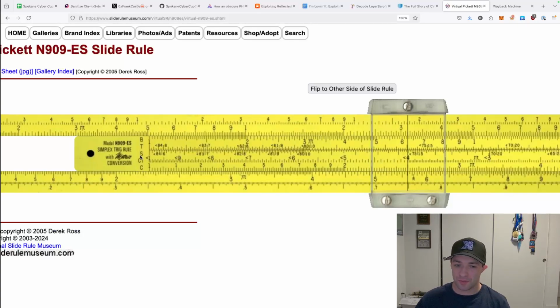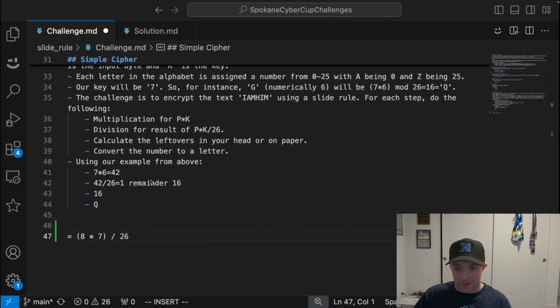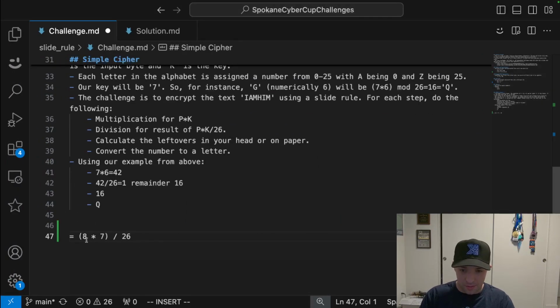Or is it about 20? No, it should be about 2. It's not 20. It's about 2 because we're taking two numbers that are of the same order of magnitude. So that's fine. So we're at about 2.